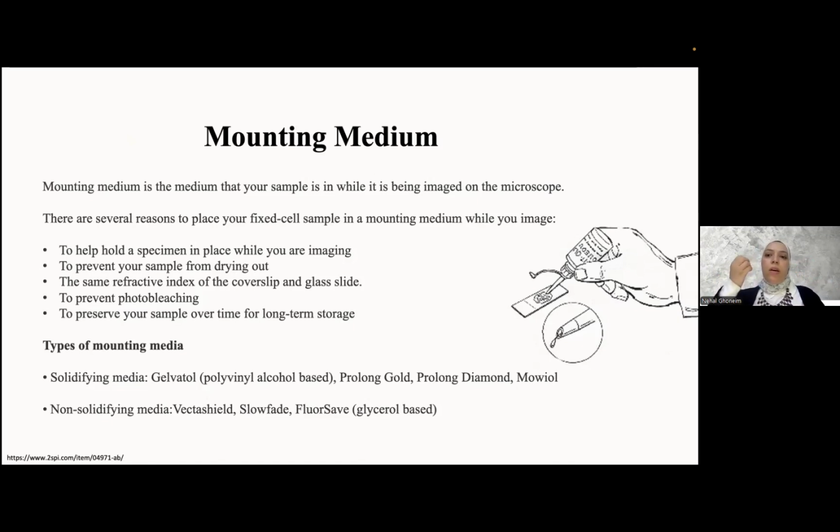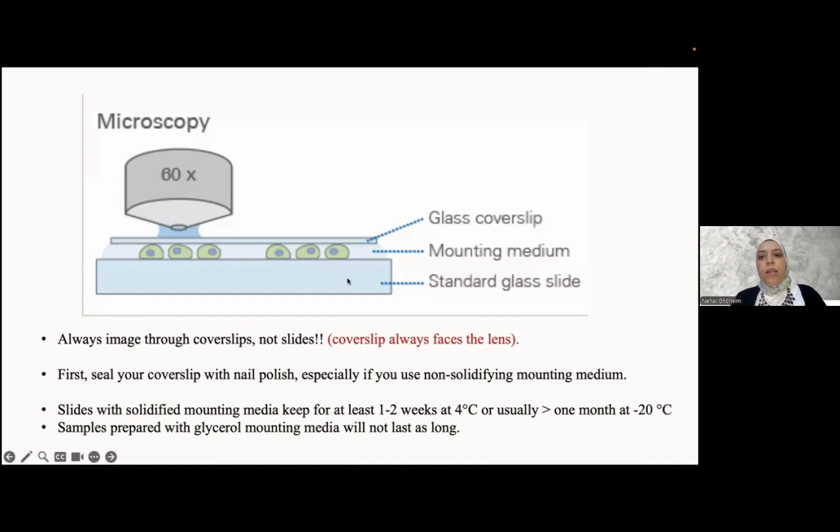If we cultured our cells on a coverslip, we will have a slide, and on that slide we will put a drop of our mounting medium, and then put the coverslip on with the face of the cells down, so the cells will be in the mounting medium between the coverslip and the standard glass slide, as we can see here.